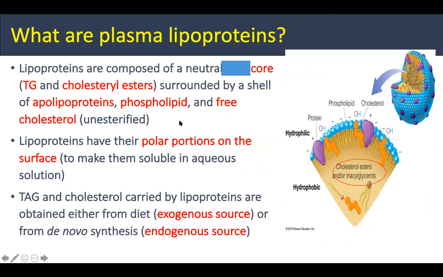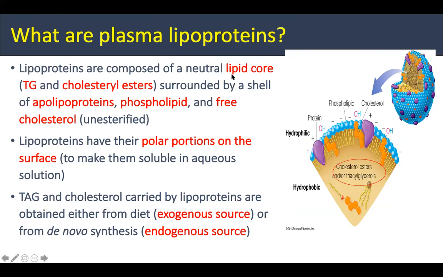Okay, so here's my first example of me quizzing you. I told you the structure of a lipoprotein, and that on the inside there's a something core. What do I call the inside of my lipoproteins? Yes, exactly, thank you. It's called a lipid core.